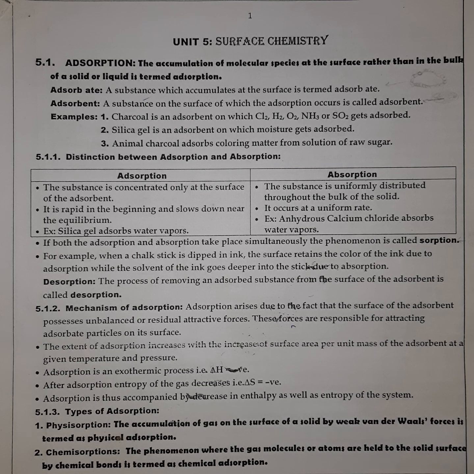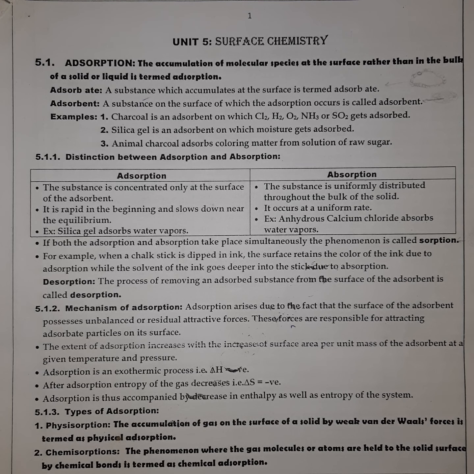For example, when a chalk stick is dipped in ink, the surface retains the color of the ink due to adsorption, while the solvent of the ink goes deeper into the stick due to absorption. Adsorption and absorption take place together, so that is called sorption.